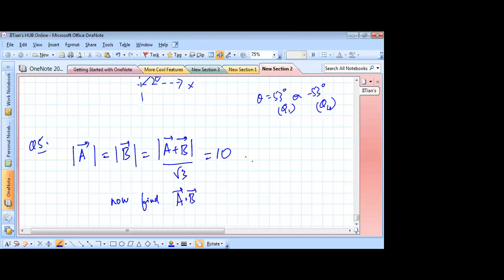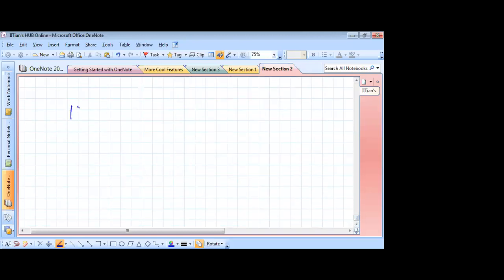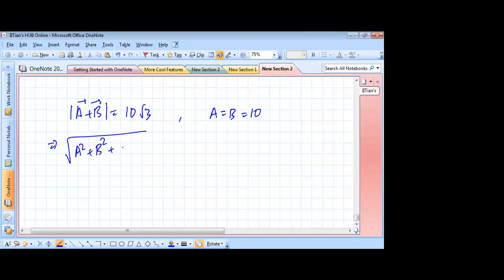Using this relation, you can see that mod of A plus B is 10 root 3, whereas the magnitude of A is equal to the magnitude of B is equal to 10. Just expand this: root of A square plus B square plus 2AB cos theta is 10 root 3.